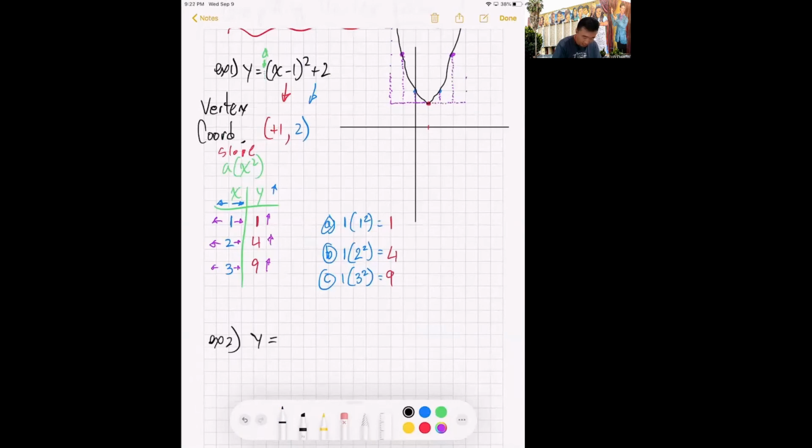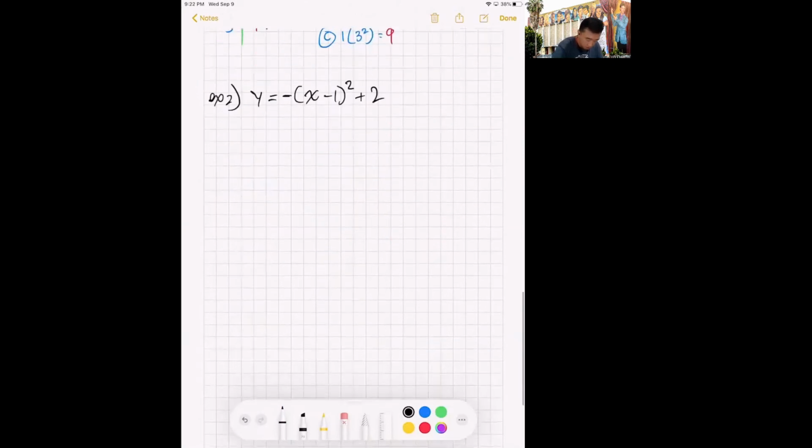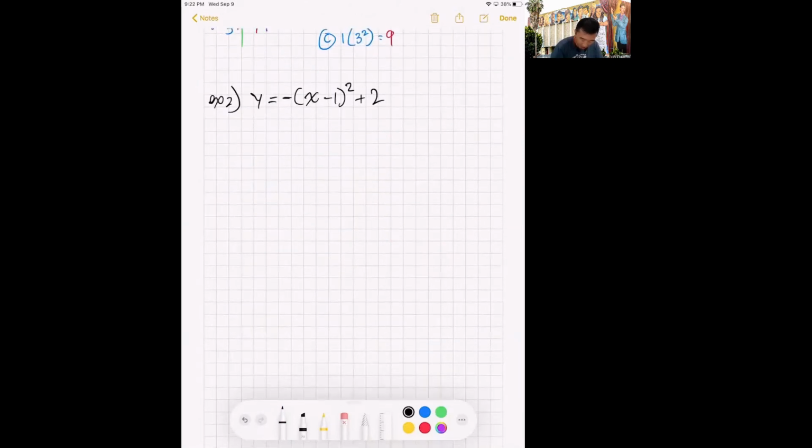So I'm going to give you the exact same problem, the exact same quadratic form, but this time all I'm going to do is make a negative here. That's it. That's the only thing I'm going to do.